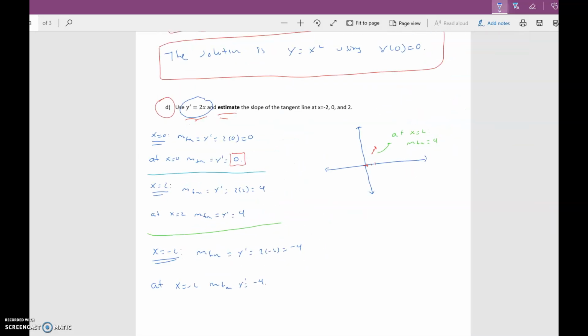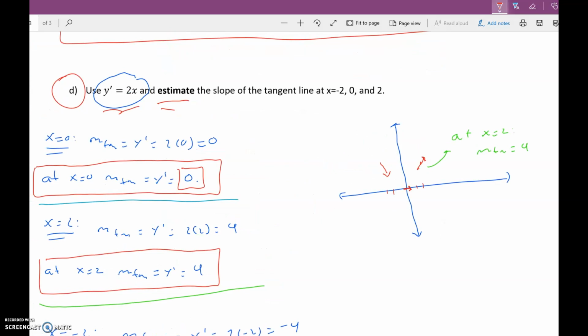Now, some of these may not ask us to graph it. They just want us to find the estimate of what the slope happens to be. So what I'm boxing in, what the slope happens to be, will be your answer. So in this case, this is -2. Around here, the slope is -4.